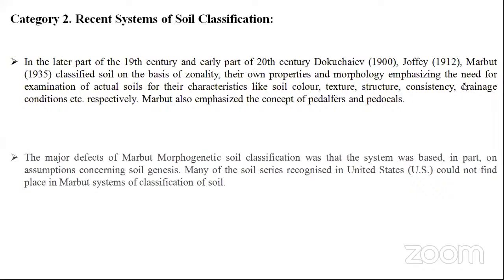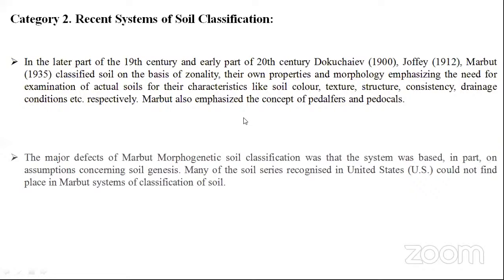After the early systems of classification, Dokuchaev, Marbut and Joffe, these people came and classified based on genesis and on the soil's own properties. Soil's own properties means soil color, texture, that is, morphological characters are given.